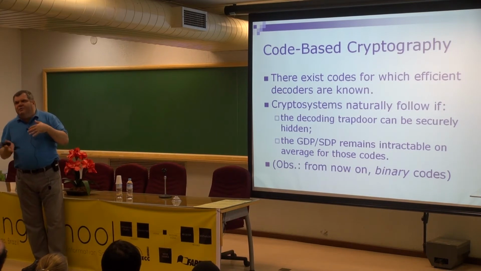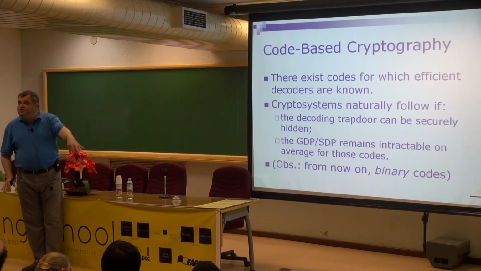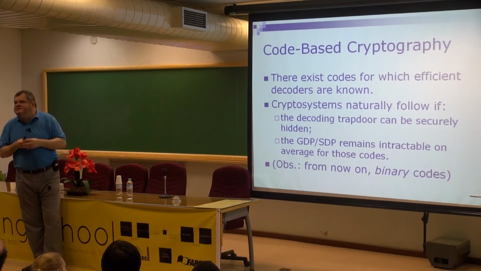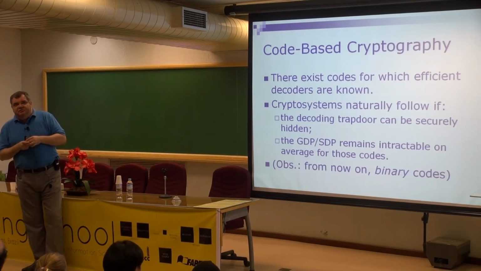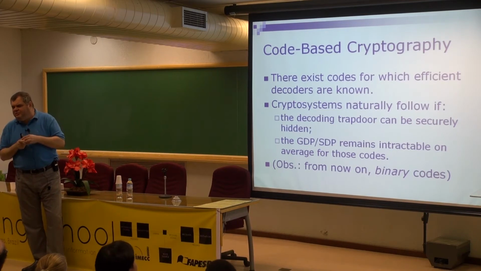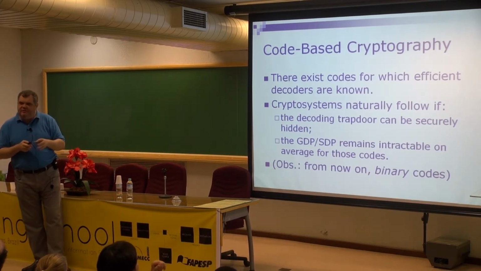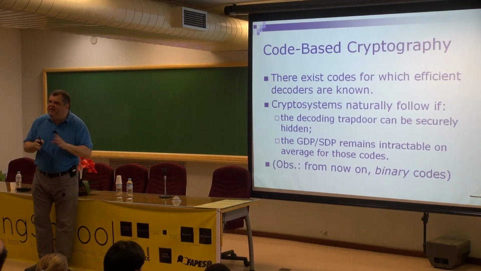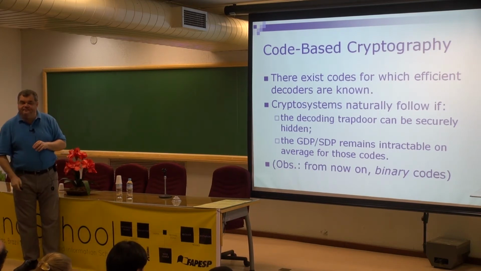But in practice, what we really use is binary codes. So they are defined in the end over F sub 2. They are also the easiest to implement. There is not really any evidence that we can get better codes when we go to higher characteristics. So let's stick to the binary case. It will simplify things a lot.